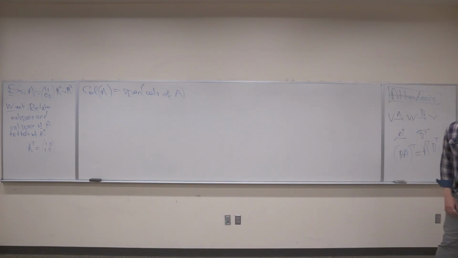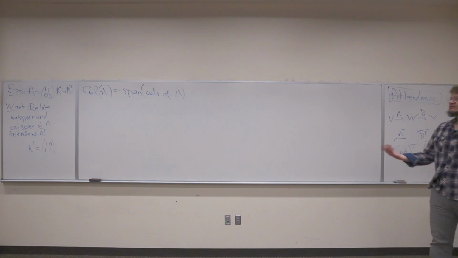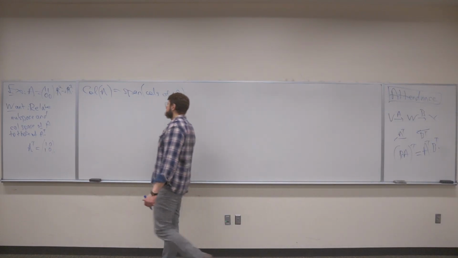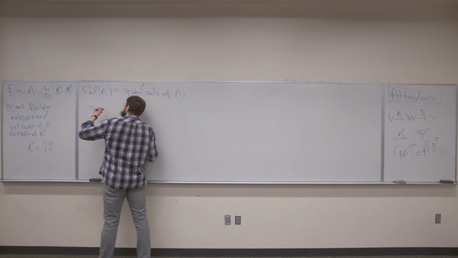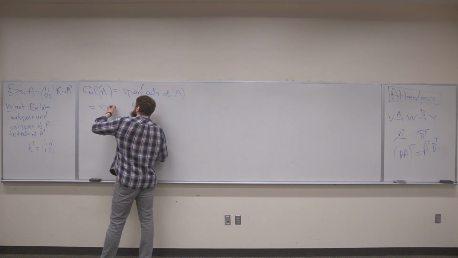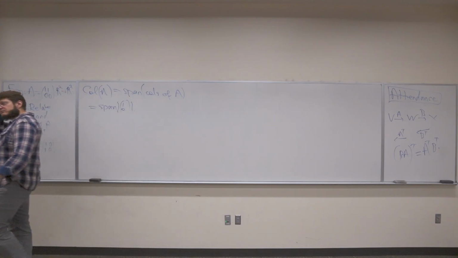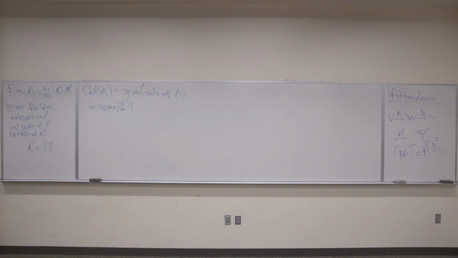What are the columns of A? This is just 1, 0, 1, 0. When you're looking at the span, you don't need to keep repeating the same thing. This is just going to be the span of 1, 0. So it's the horizontal axis. That's the column space of A.